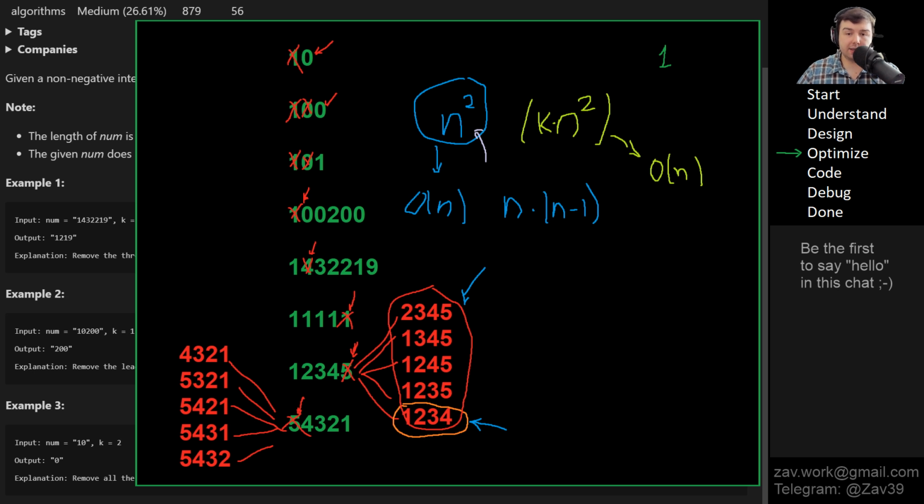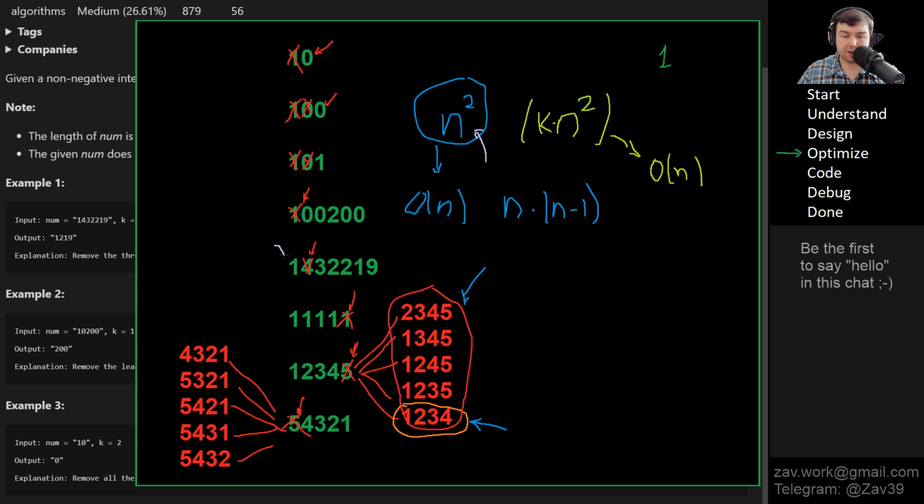By analyzing our cases, we can find some patterns. One of them is that every time we remove the leftmost value that has a smaller value than the number right after it.